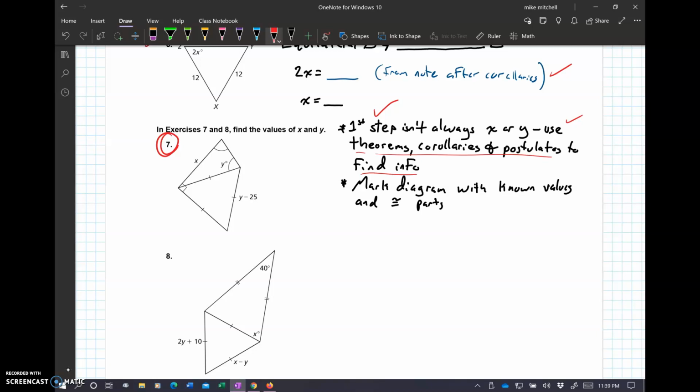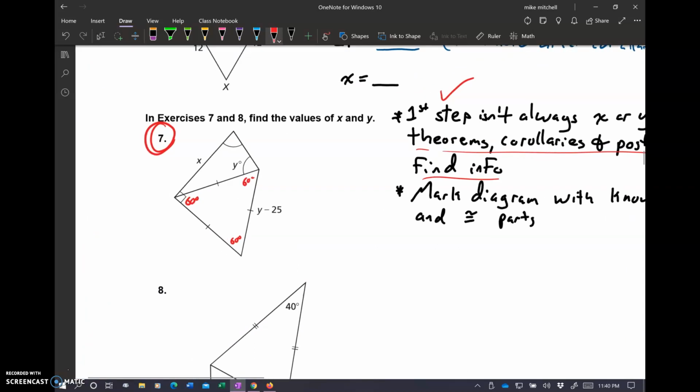So I'm seeing a bunch of stuff here. I got an equilateral triangle. I know each angle has to be 60 degrees. Well, I can find this angle now because I got this right angle here.